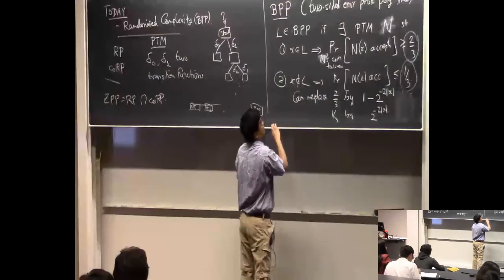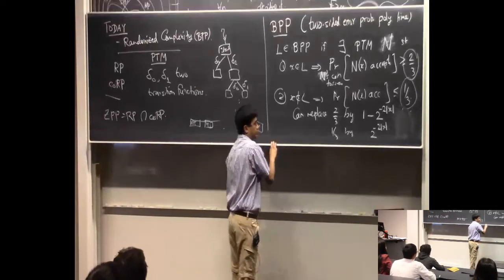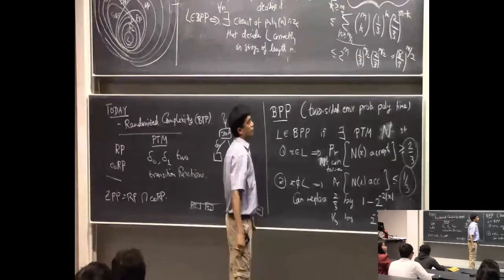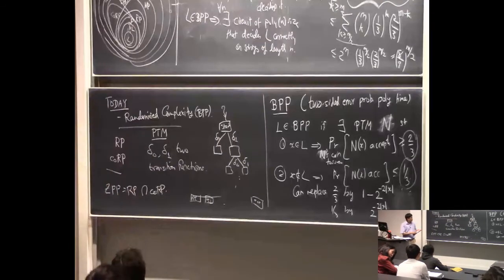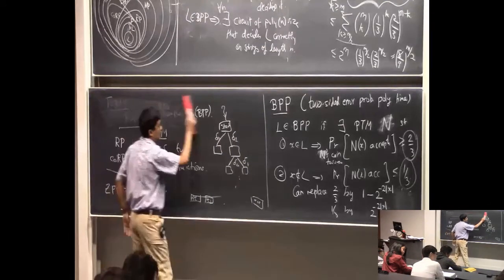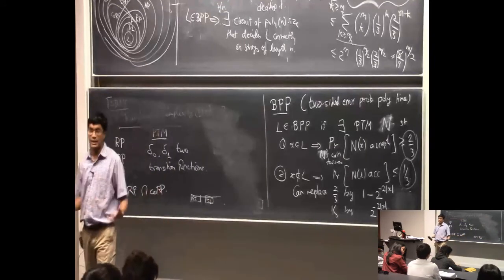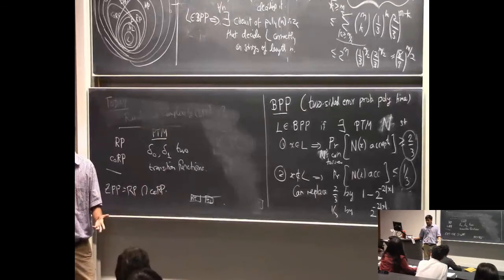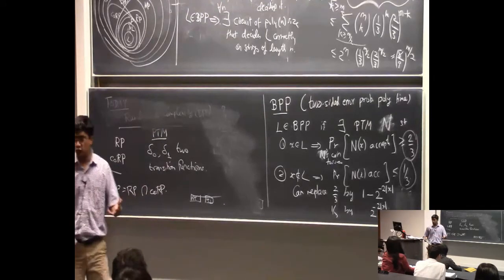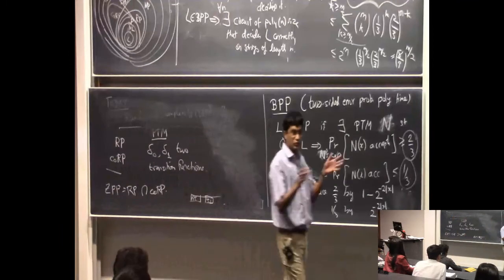Again, I'll only sketch the proof. It's not so crucial, but okay. So one thing which I believe you know is that if you have a deterministic Turing machine which runs in some time t, you can form a circuit family of size t squared which decides the same thing. This is something you should have done in the Cook-Levin theorem proof and so on. So you can always compile Turing machines into circuits.